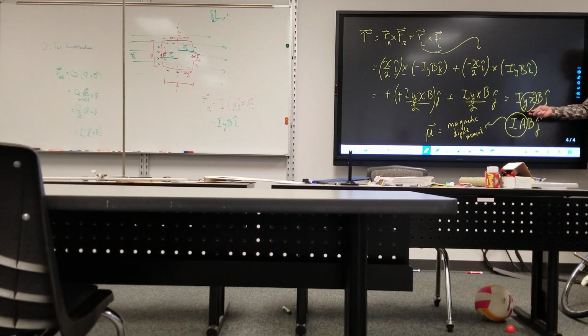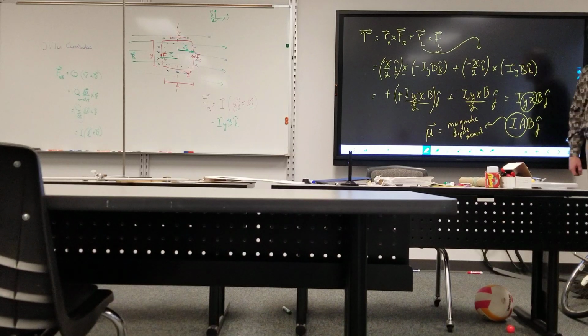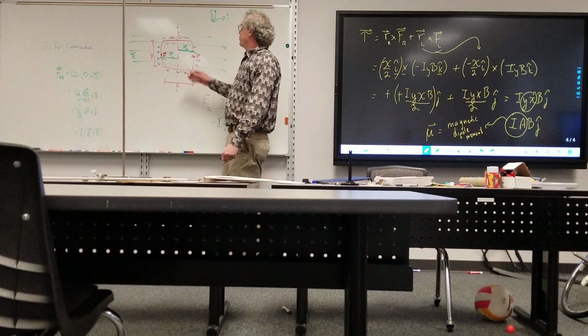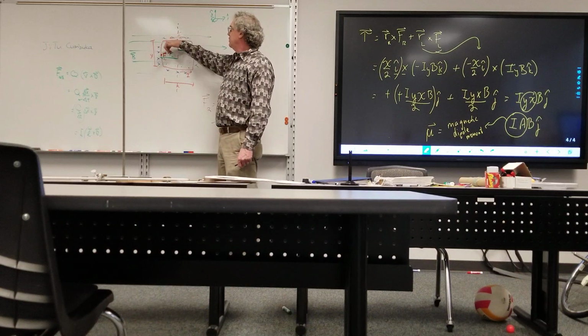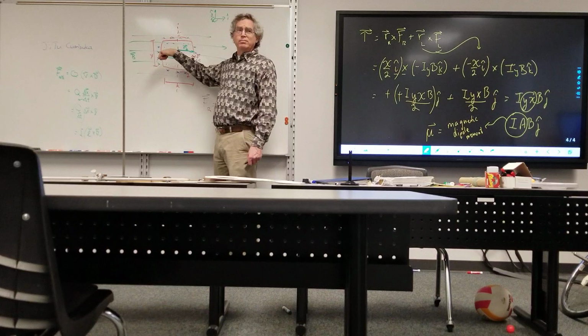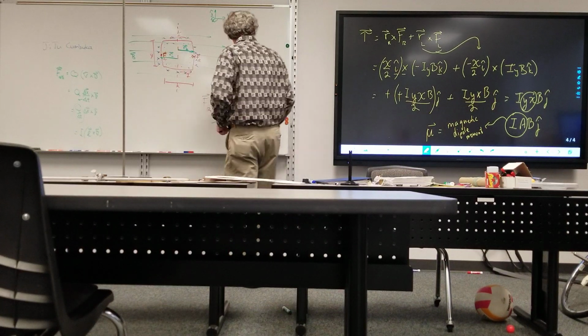All right, so magnetic dipole moment. It is a vector. The direction of the vector quantity is, of course, a right-hand rule. You go for the direction that the current's going in. Thumb points in the direction of the magnetic dipole moment, which is out.